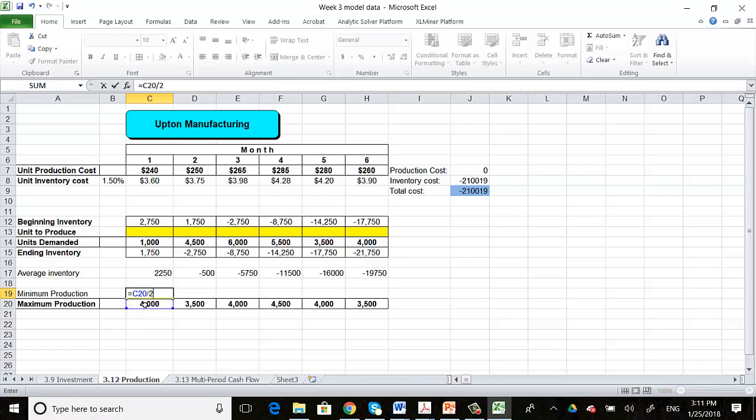I don't want to put this 2 in a separate cell, but I think in this case it's fine. The minimum production is half of the maximum production, or we can still do that. Let's be consistent. It's 0.5, a half of the maximum. So it's this 0.5 value multiplied by your maximum production. I'm going to fix this 0.5 here.